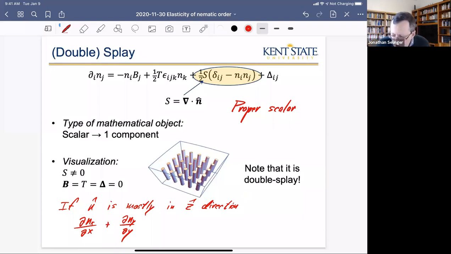This thing is called splay. I personally would equally be happy to call it double splay because it is a director that's varying as a function of x and as a function of y. Double splay is just my own personal word. It's not a standard word in the liquid crystal literature.